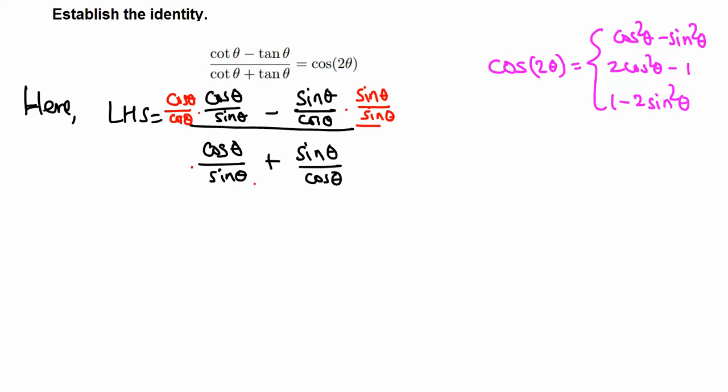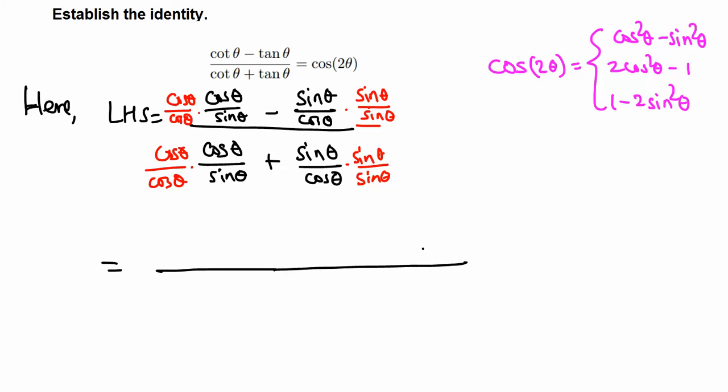Pretty much the same thing on the bottom, cosine over cosine, sine over sine. Okay, so we have a big fraction here. On the top, cosine times sine, cosine times sine, that's the common denominator, cosine times sine.